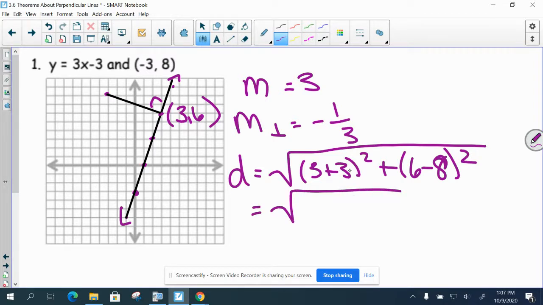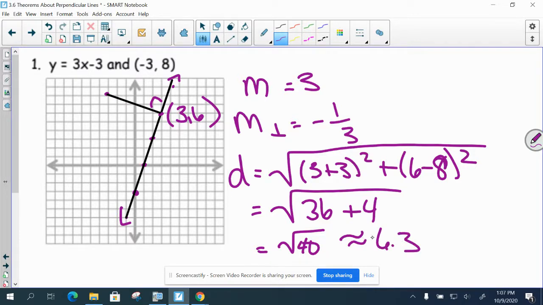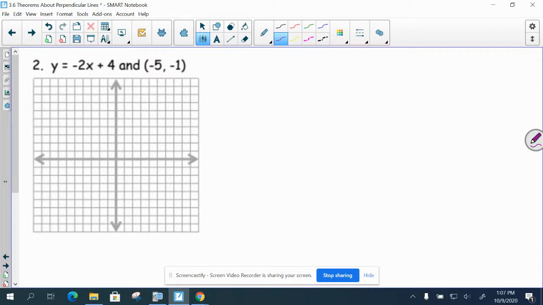So this would be 6 squared is 36, 2 squared is 4, and this would be the square root of 40, which is about 6.3. So remember, the directions are that we are determining the distance between the point and the line. All right, let's do one more of these types of examples.